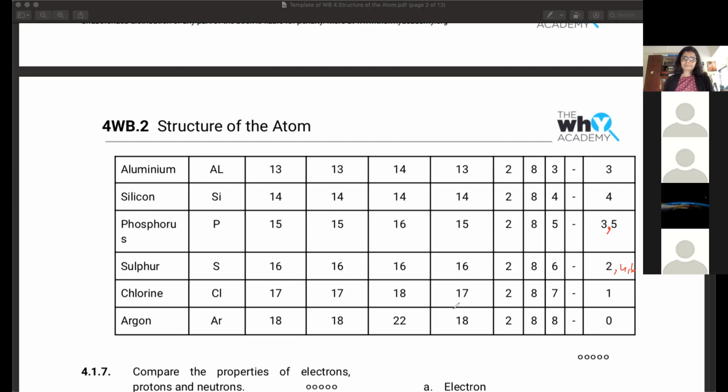So ma'am, what should we write in the exam if any question comes? Just write -3. That should be sufficient. Just go with whatever you learned. You don't have to worry about this. But if you come across a place where it says that phosphorus has valency 5, it's not false. That is true.